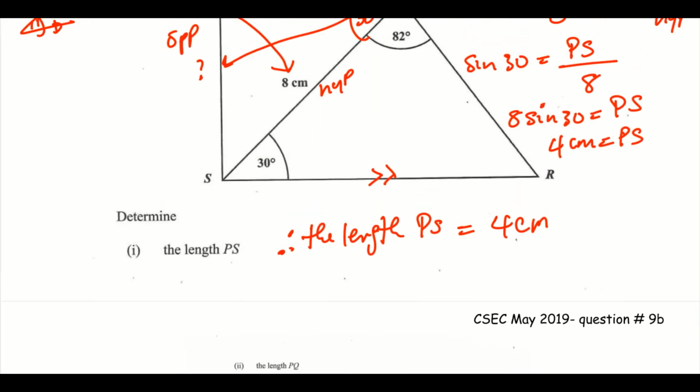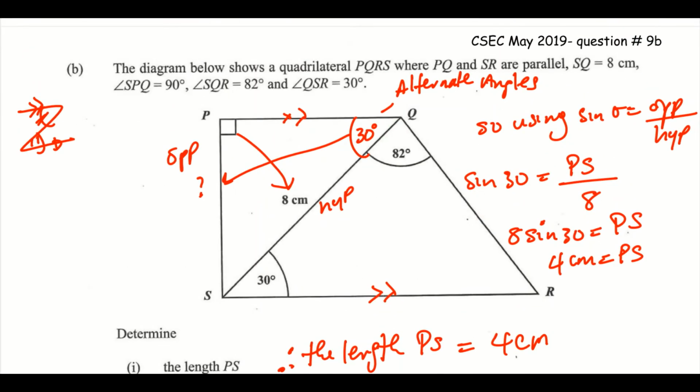So let's look back at our diagram. So we have PQ. Now we could use two trig ratios here. So we'll have our angle, this will be our adjacent side, and our hypotenuse, which is 8.